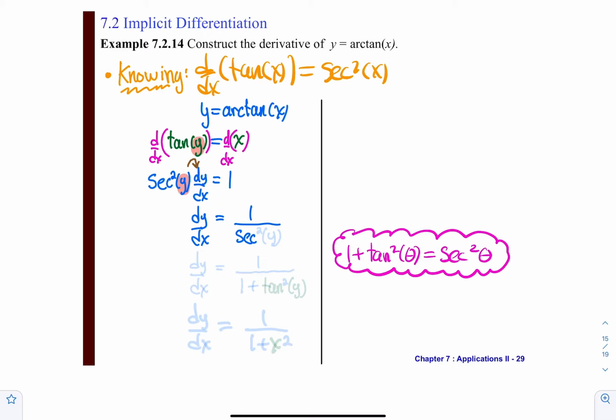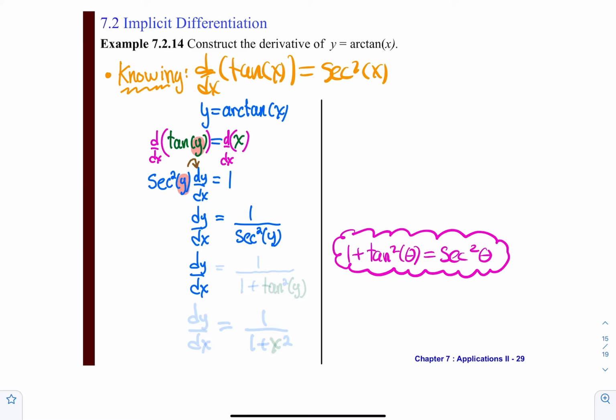Now what we want is a formula that is as simple as possible. We know using the identity that 1 plus tan squared is equal to secant squared, that we can replace secant squared by 1 plus tan squared. So this formula can be rewritten this way. The reason I'm doing this is that I know from the second line of my computation, if I have any tan y, I can replace it by x. But now I have secant squared.